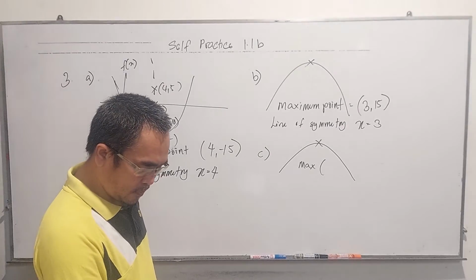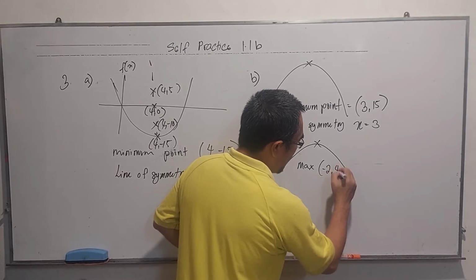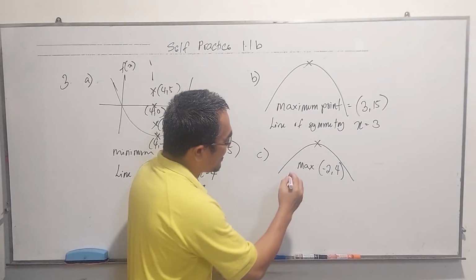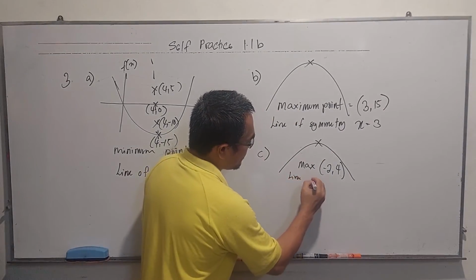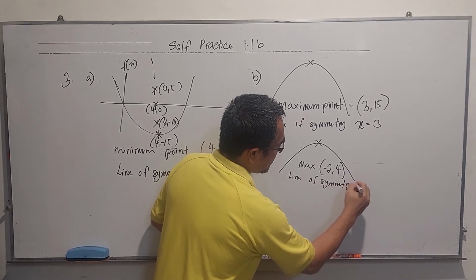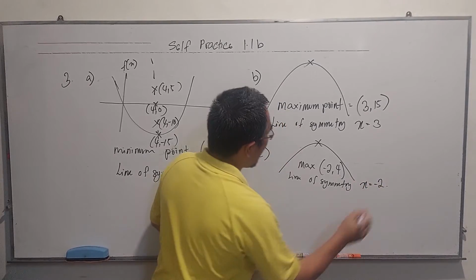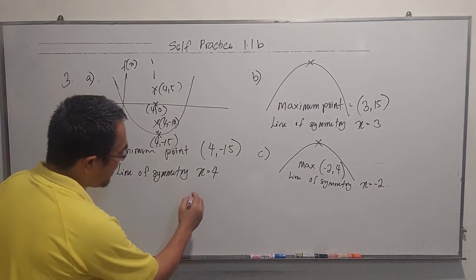Negative 2 and 4. (-2, 4). So the line of symmetry? x equals negative 2. Excellent. And the last one? D.